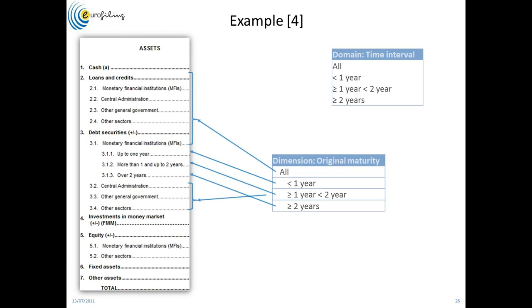The next breakdown that we have here is the original maturity of financial instruments. As you can see, it's only explicitly stated for the debt securities. However, we already know that loans and credits can also have original maturity, which means that in this particular table, the total is required.